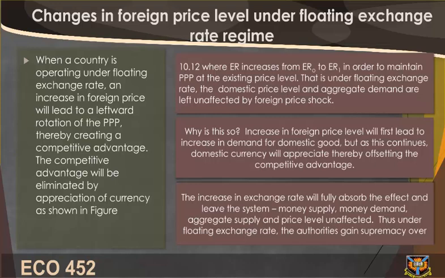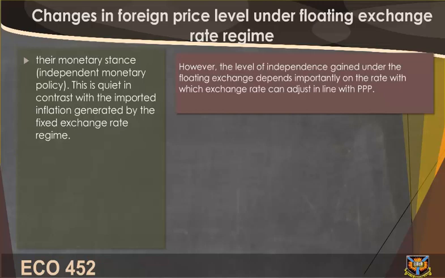Thus, under floating exchange rate, the authorities gain supremacy over their monetary stance, independent monetary policy. This is quite in contrast with the imported inflation generated by the fixed exchange rate regime. However, the level of independence gained under the floating exchange rate depends, importantly, on the rate at which exchange rate can adjust in line with PPP.